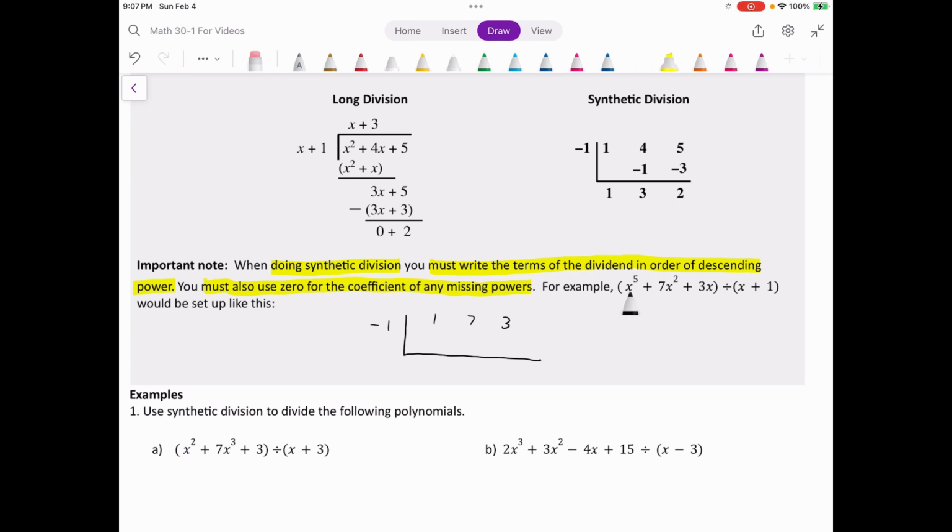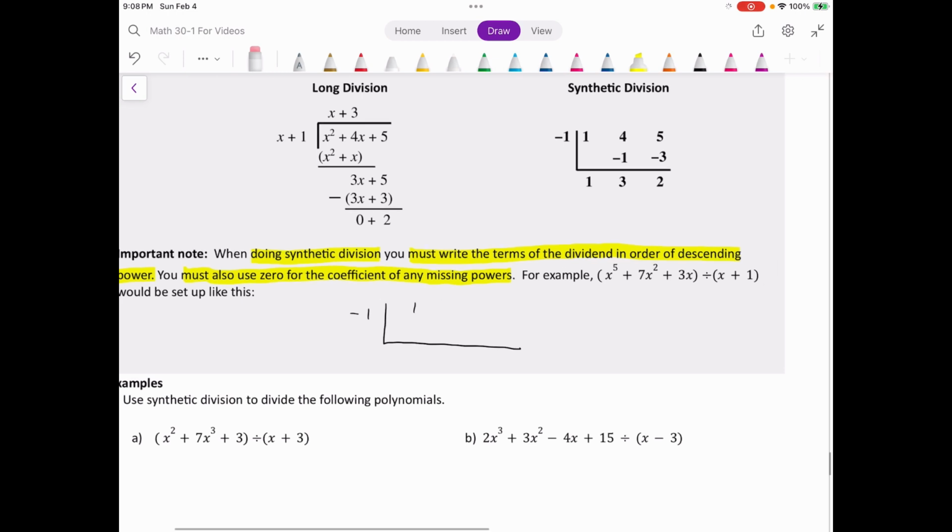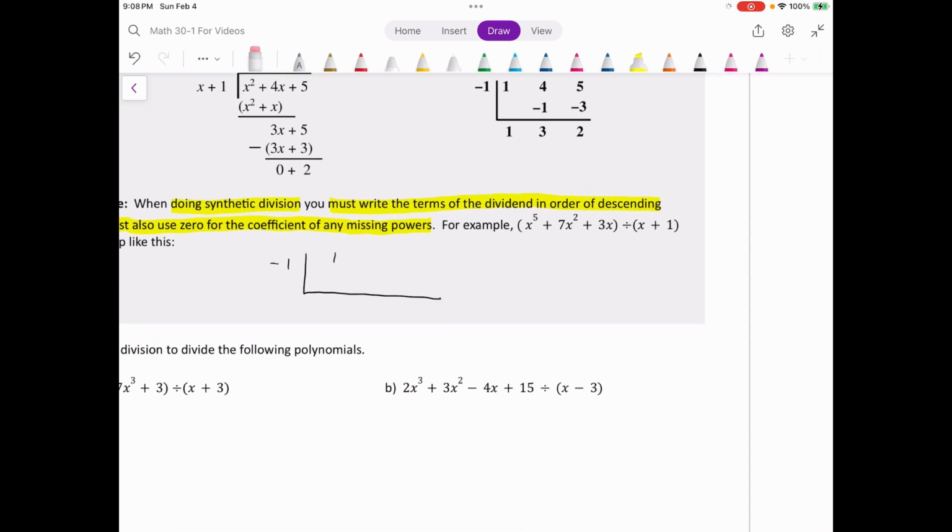So how do we tell it that this is supposed to be x to the 5th, 7x squared plus 3x? We just put in zeros where they belong, right? So x to the power of 5 plus 7x squared plus 3x, you could think of that like this. It's like x to the 5th plus 0x to the 4th plus 0x to the 3rd plus 7x squared plus 3x, and then we need that constant there too, so plus 0.